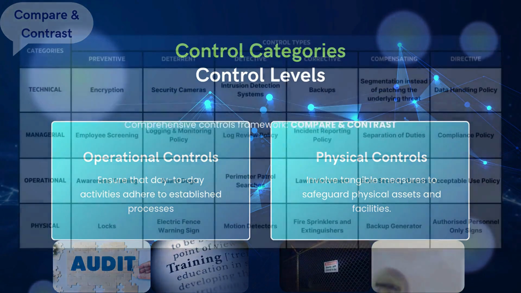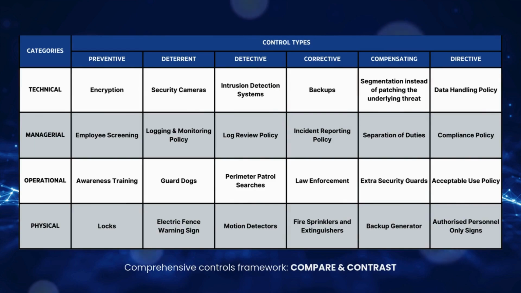Now, going back to the different types of controls. The preventive controls are aimed at preventing, obviously, security incidents, while deterrent controls are intended to discourage potential attackers.